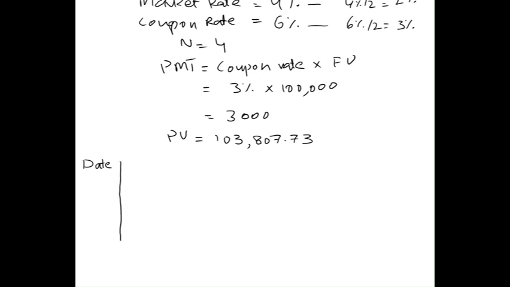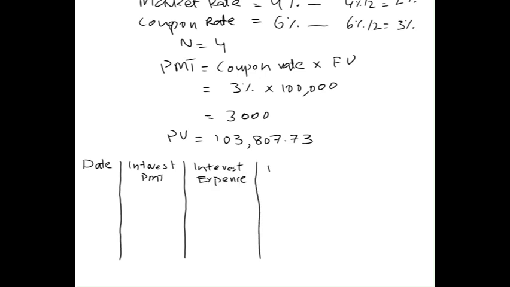So date column, interest payment column, interest expense column, difference column, and then carrying value.